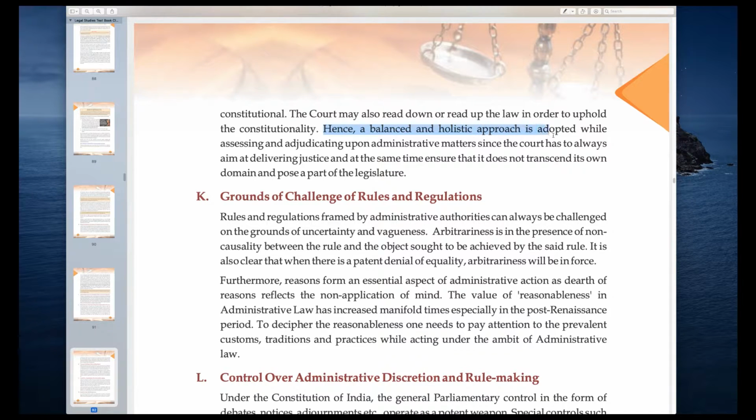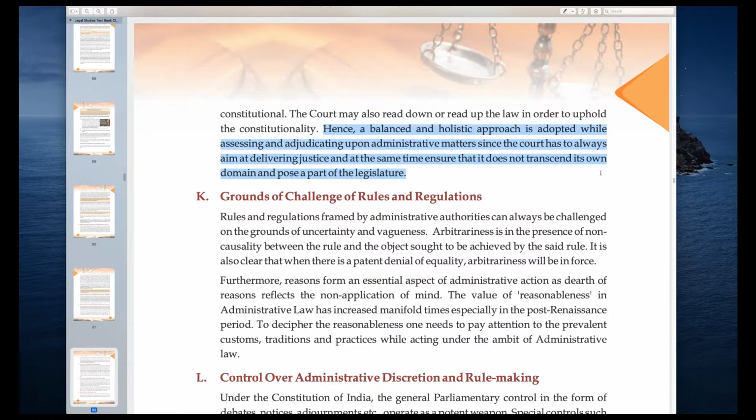Hence, a balanced and holistic approach is adopted while assessing and adjudicating upon administrative matters, since the court has to always aim at delivering justice and at the same time ensure that it doesn't transcend its own domain and pose as a part of the legislature.